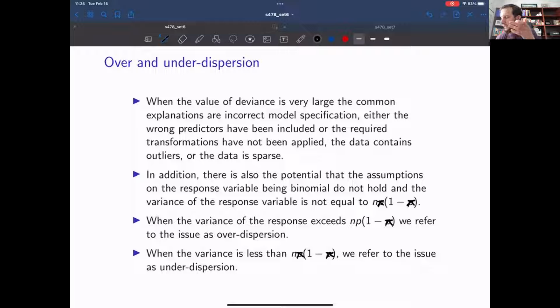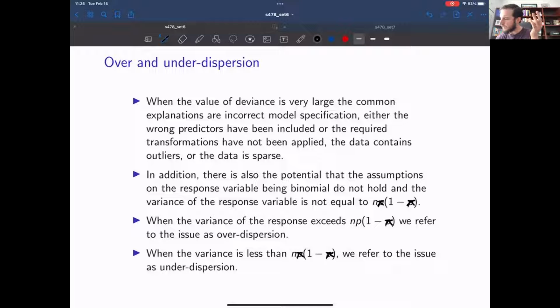So when the deviance is too large, this could be an indication that the fitted model is not a great fit for the particular data set.